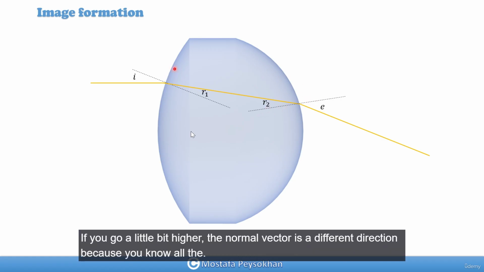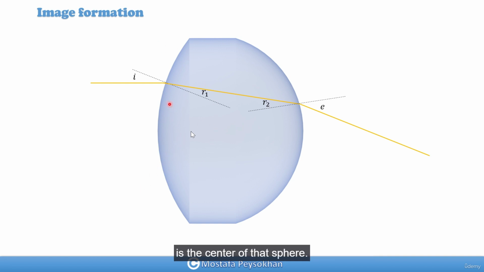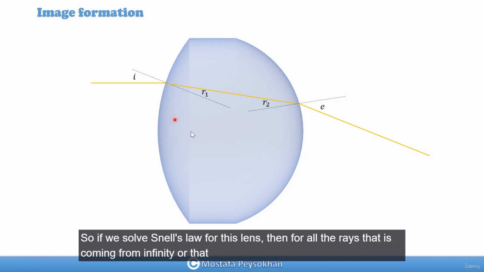If you go a little bit higher, the normal vector is in a different direction, because if we consider this surface as a spherical surface, all the normal vectors go to one point, which is the center of that sphere.